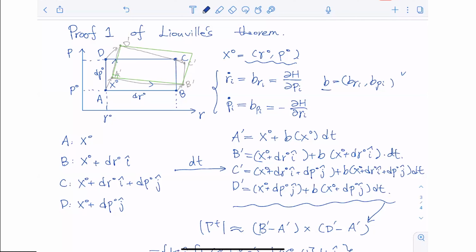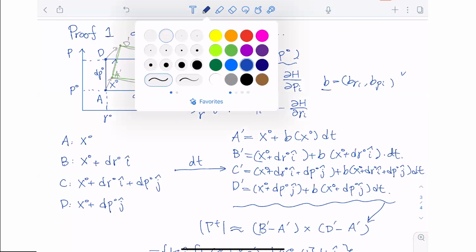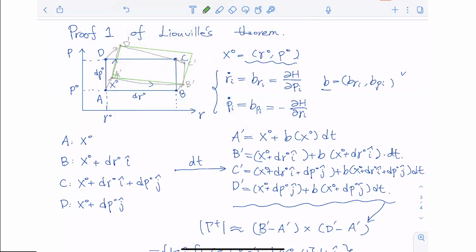So to approximate that, you say, oh, maybe the correct value of the green area should not take the value of the length of b prime minus a faithfully.